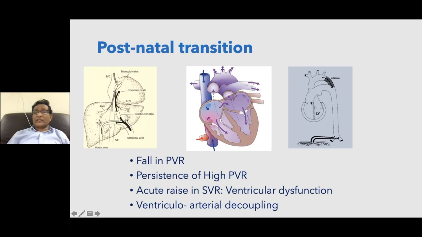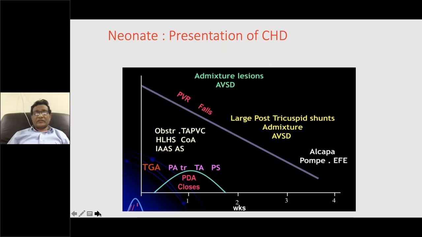So the right ventricle will go into acute ventricular arterial decoupling, and you will have a scenario of severe right ventricular dysfunction. So postnatally, based on the ductus arteriosus, the fall in PVR, and the presence or absence of the foramen ovale, a lot of congenital heart diseases manifest.